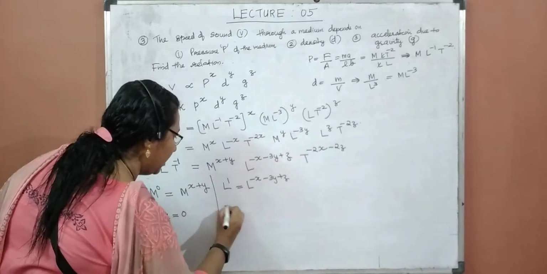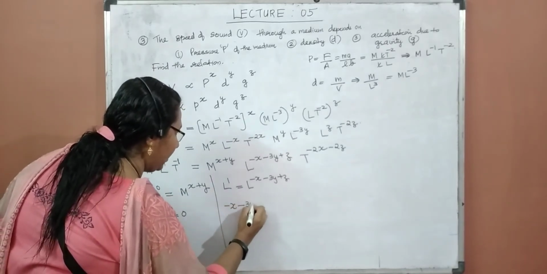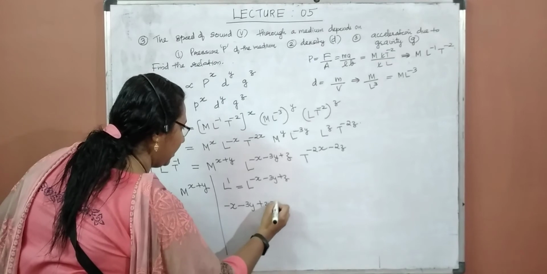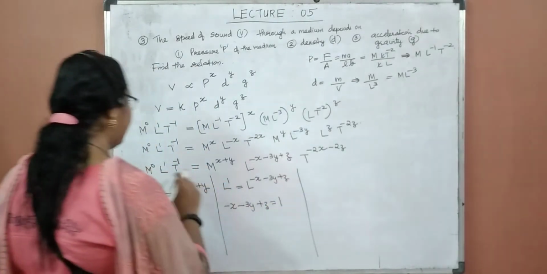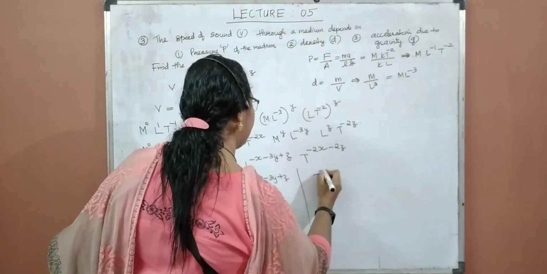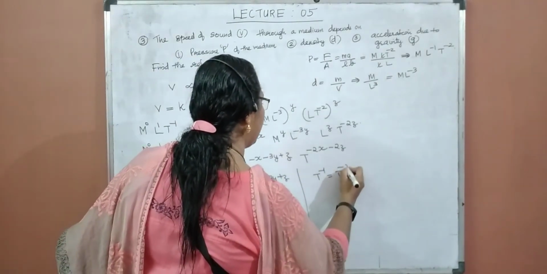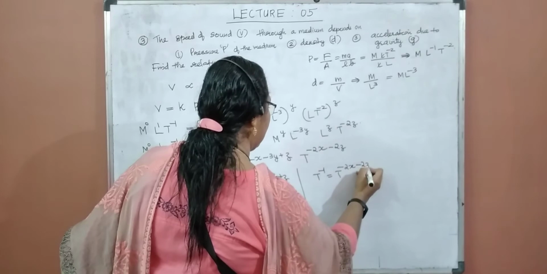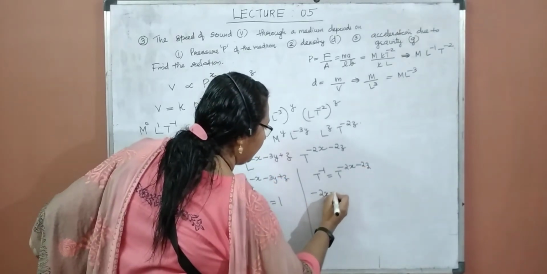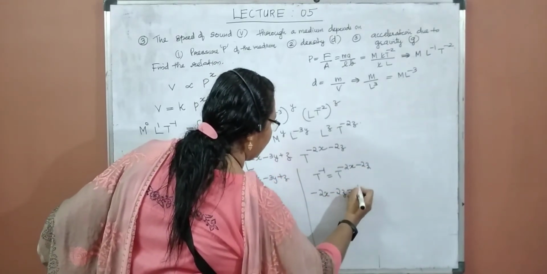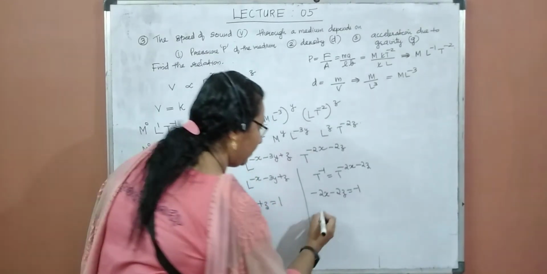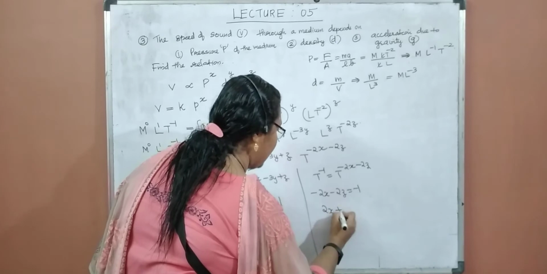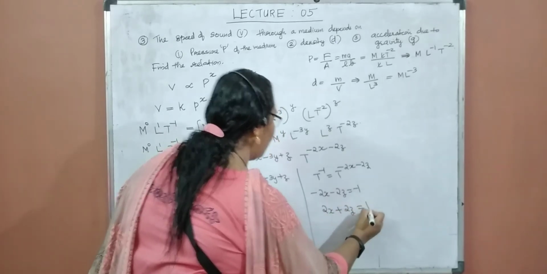Or we can write minus x minus 3y plus z is equal to 1. Is it clear? And in the next step, T raised to minus 1 is equal to T raised to minus 2x minus 2z. So minus 2x minus 2z is equal to minus 1. All of them are minus. So multiplying again with the minus, we will get 2x plus 2z is equal to 1.